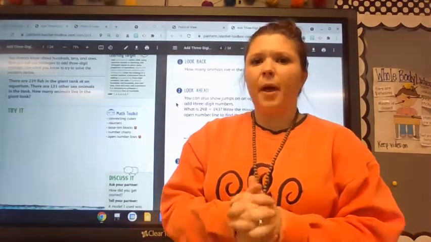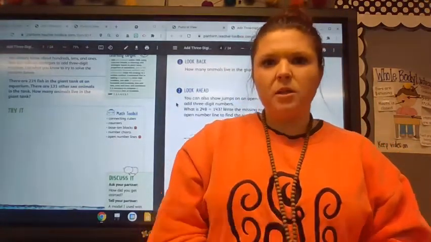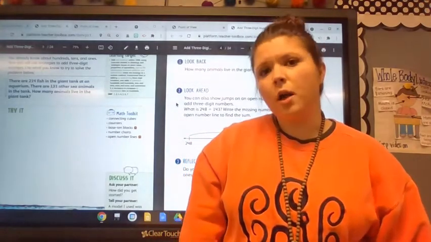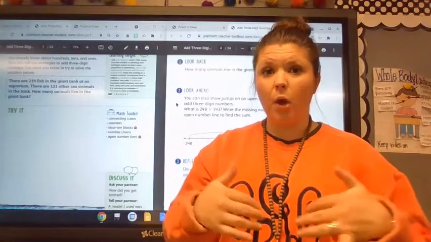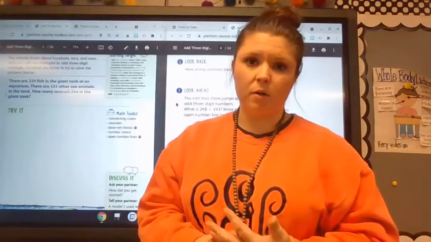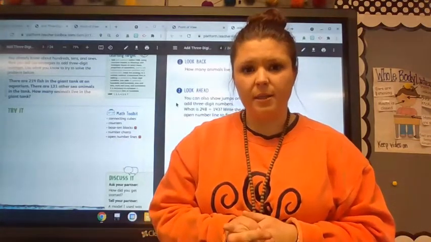So let's think about that number 214 and 131. To solve our problem of how many animals are in the tank, is our total number going to be greater than those two or less than those two numbers? It's going to be greater, isn't it?